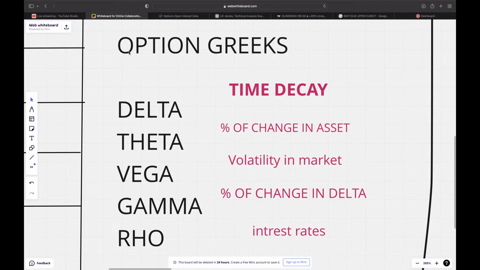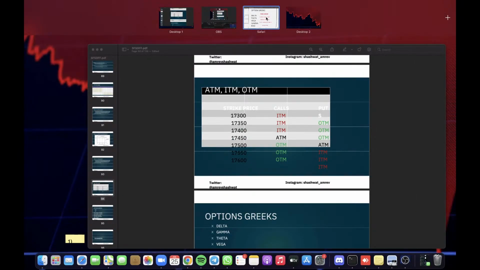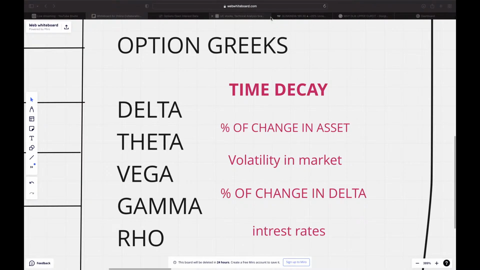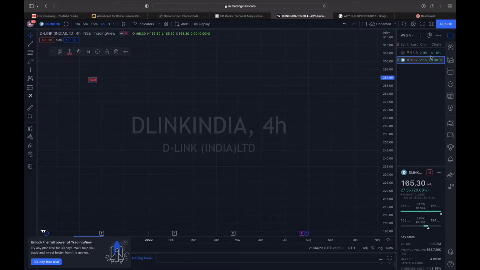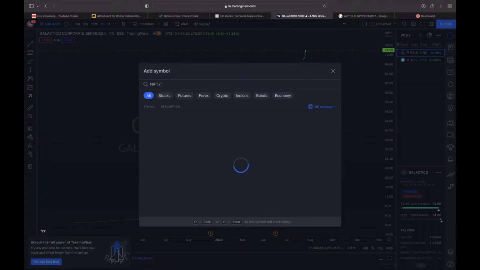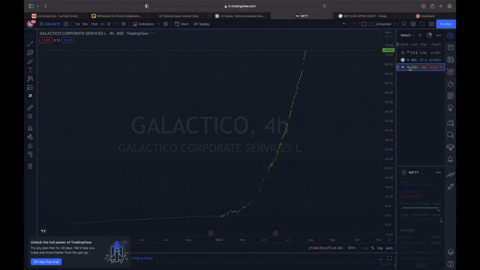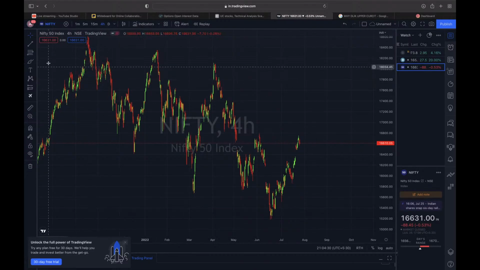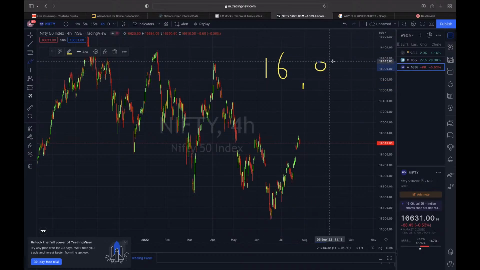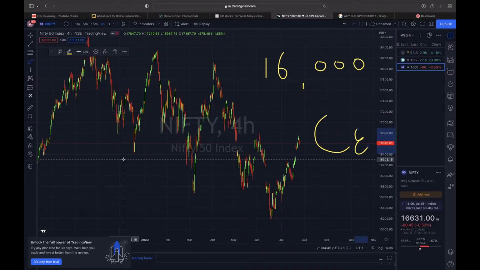Today we are going to learn about option Greeks number one. What are option Greeks? So the formation of the premiums. You guys trade Nifty, Bank Nifty, right? You would have seen that if you are buying a strike price of 16,000 CE, for example, it is available at 100 rupees.